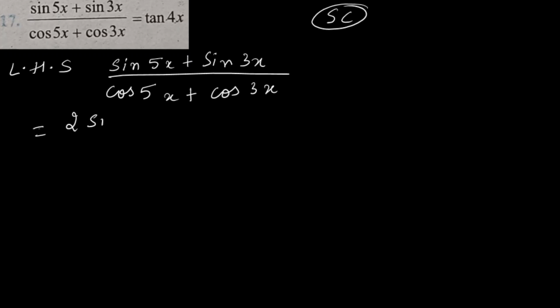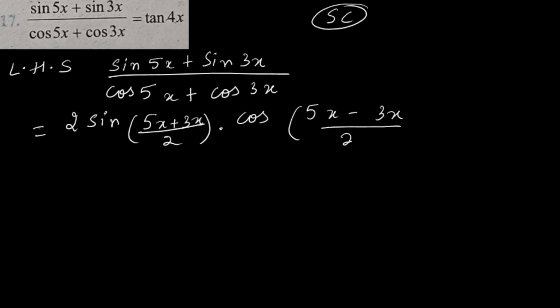So 2 sine of 5x plus 3x, so angles we have to add and divide by 2, into cos of 5x minus 3x divided by 2. So we have to subtract the angles and divide by 2. Now cos and cos, cos will give us the combination of the same trigonometric function.